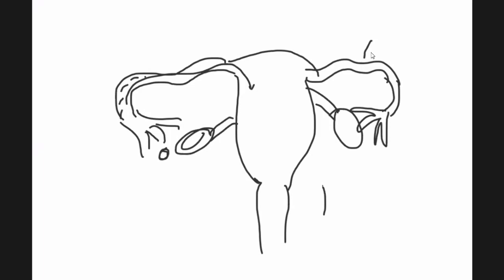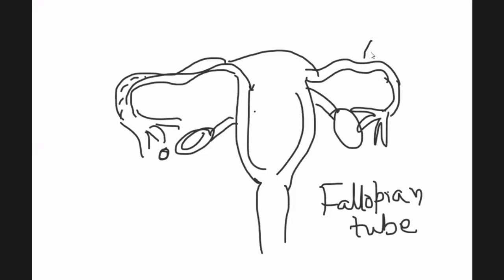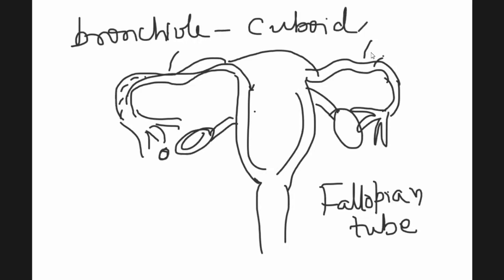So note down: the cilia in the fallopian tube help in pushing the ovum or zygote towards the uterus. Then it can also be seen in hollow tubes. Bronchioles are hollow, and in bronchioles it is cuboidal epithelium, cuboidal cells with cilia.